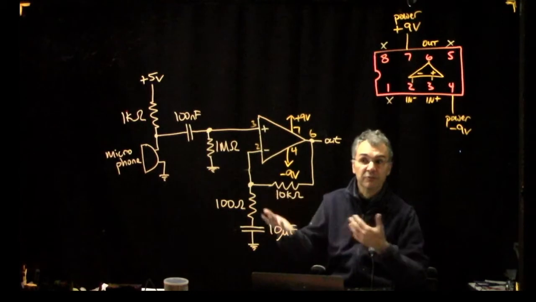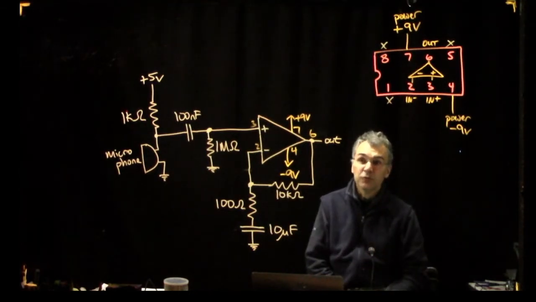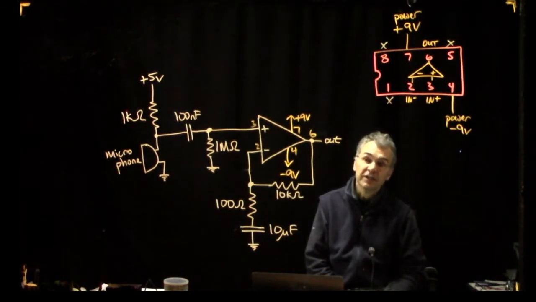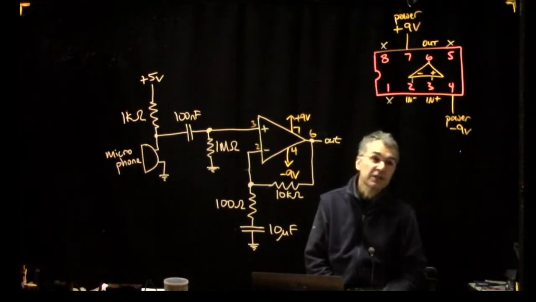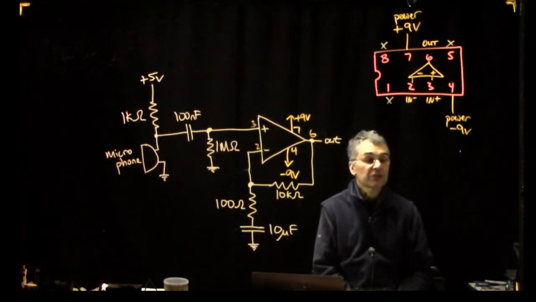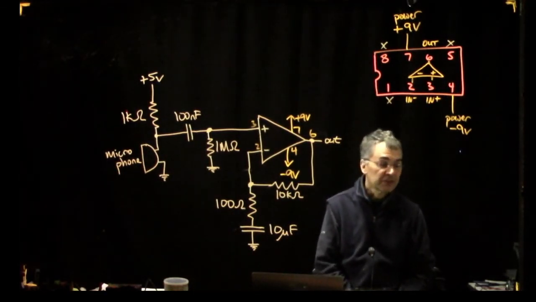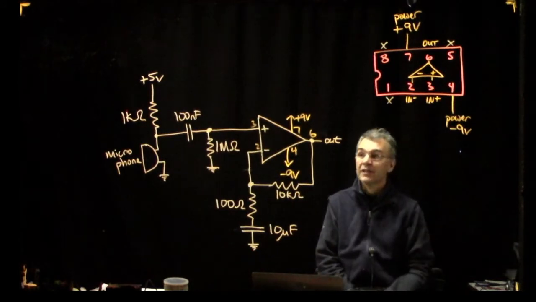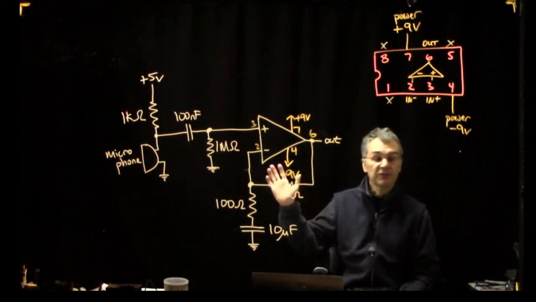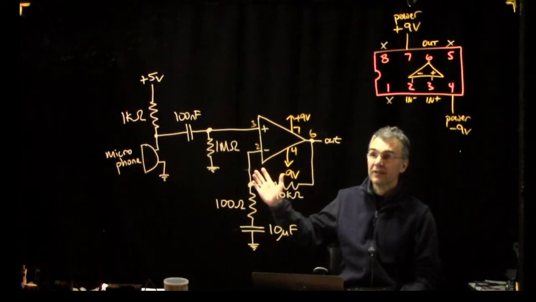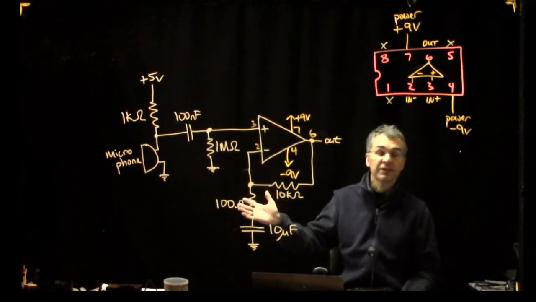It's all time varying. So this is actually a really good trick. If you want to amplify a signal which is entirely time varying, the DC part doesn't matter, then we could just sweep all of these op-amp imperfections, the DC parts, under the rug.